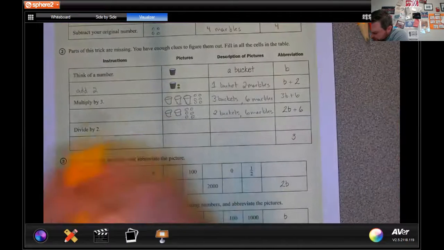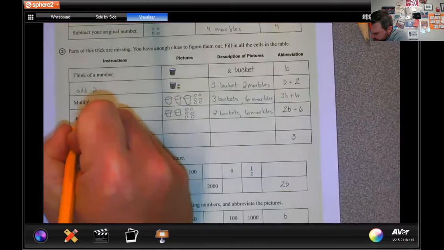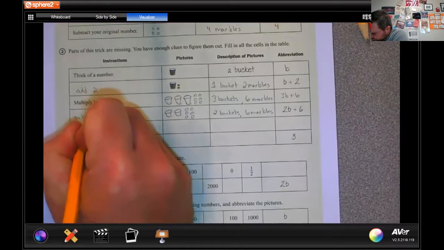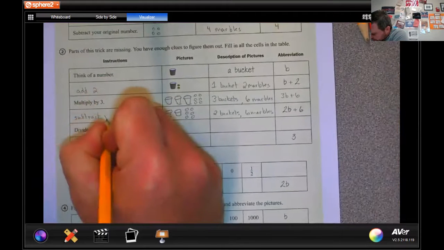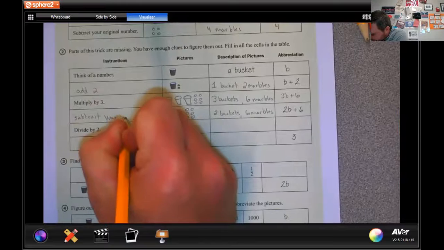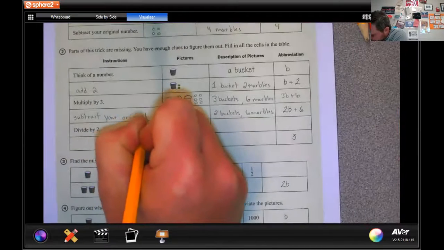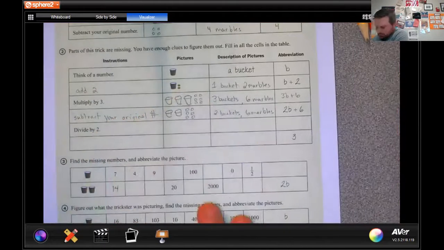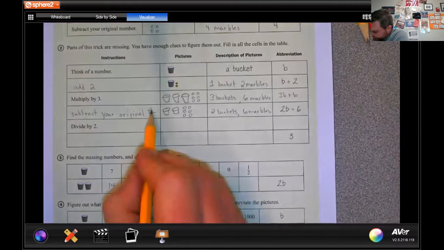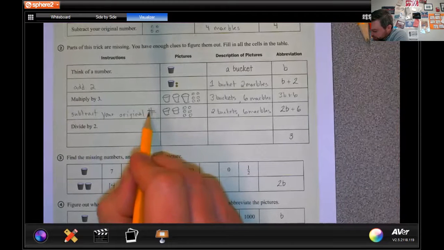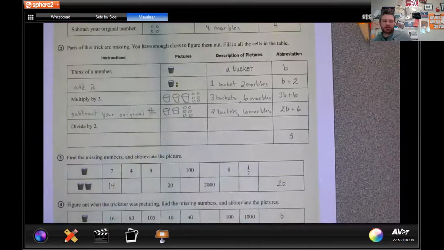And in order to get rid of a bucket, we are going to subtract your original number. And this symbol here, this hashtag you would call it, is a pound sign, and it means number.